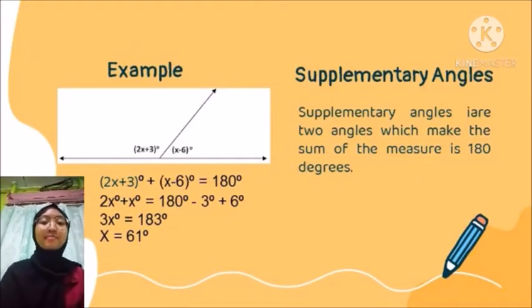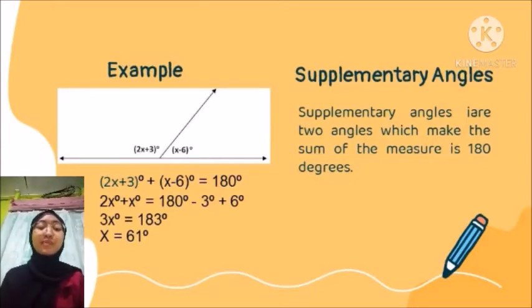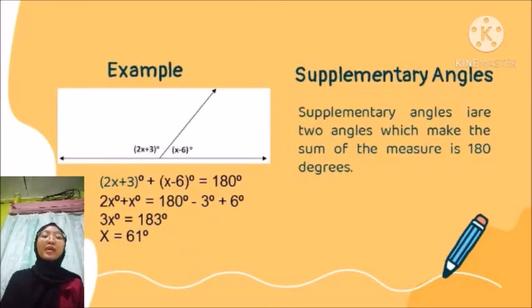For example, we can see the picture. 2x + 3 degrees + x - 6 degrees = 180 degrees.